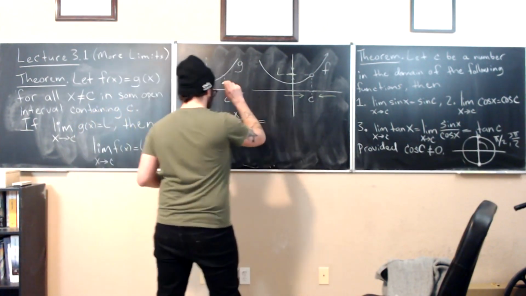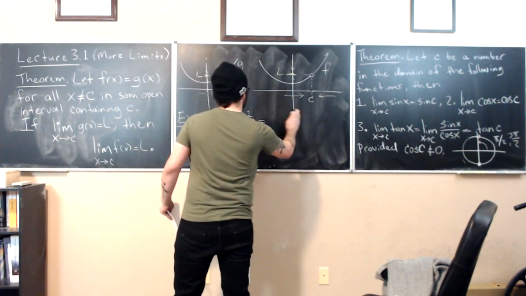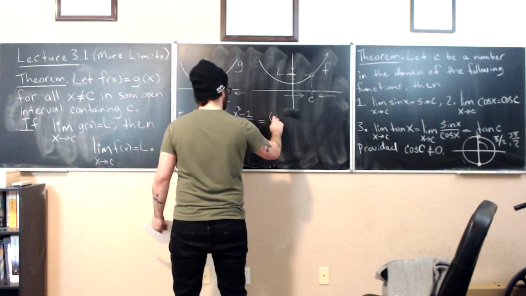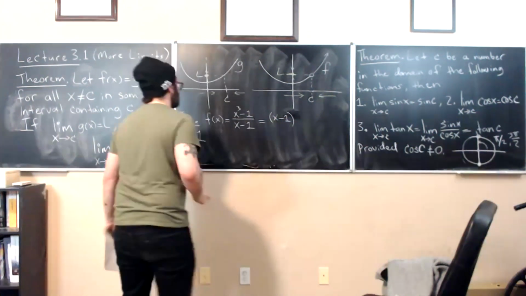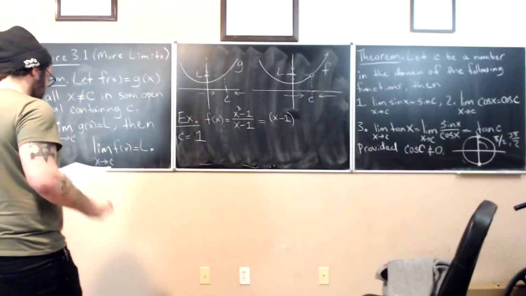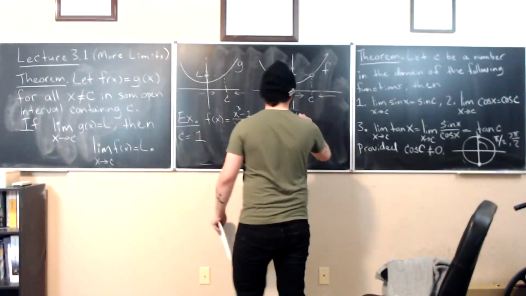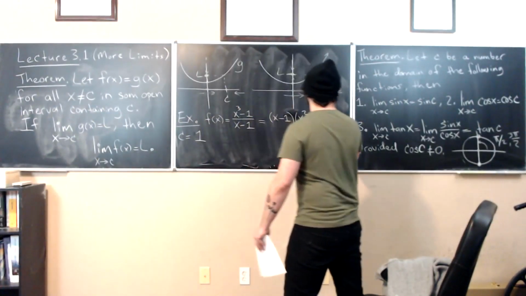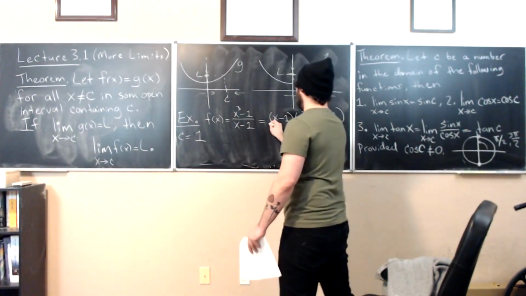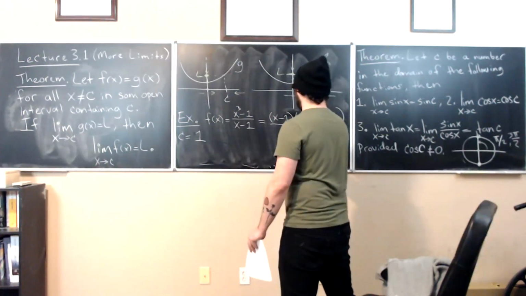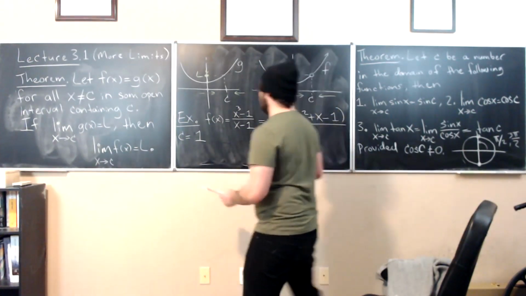So this will be x minus 1 times x squared plus x plus 1, and then all over x minus 1.